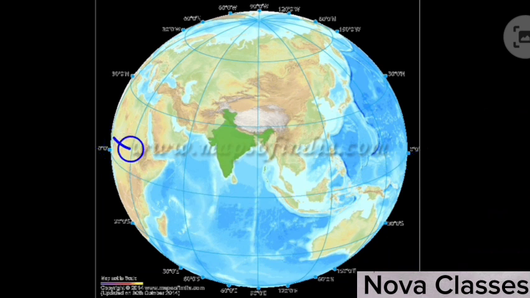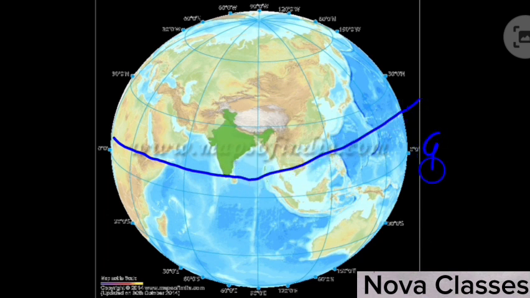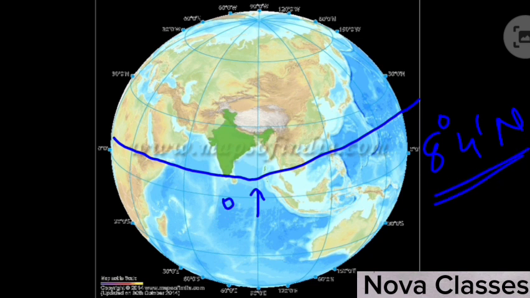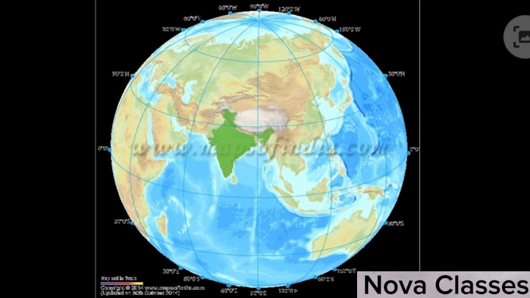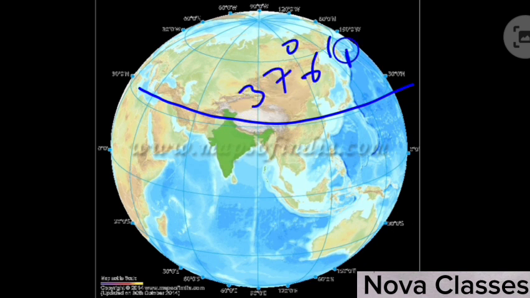The latitudinal extent of India starts from here, at 8 degree 4 minute north. Here is the 0, and it moves upward to 8 degree 4 minute north. After that it goes approximately up to here, which is 37 degree 6 minute north.